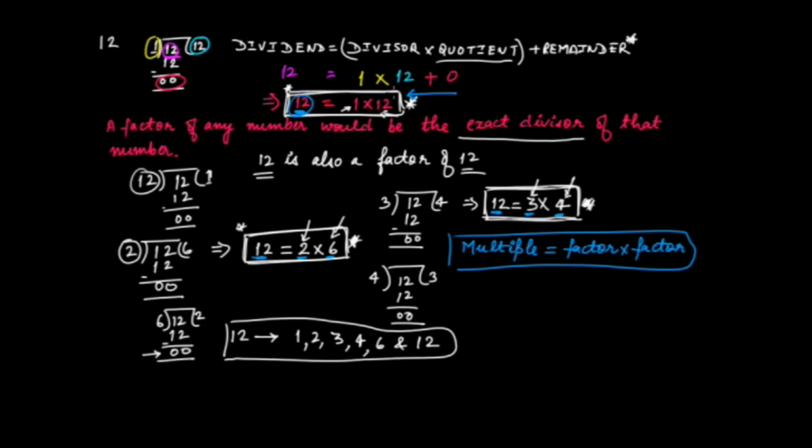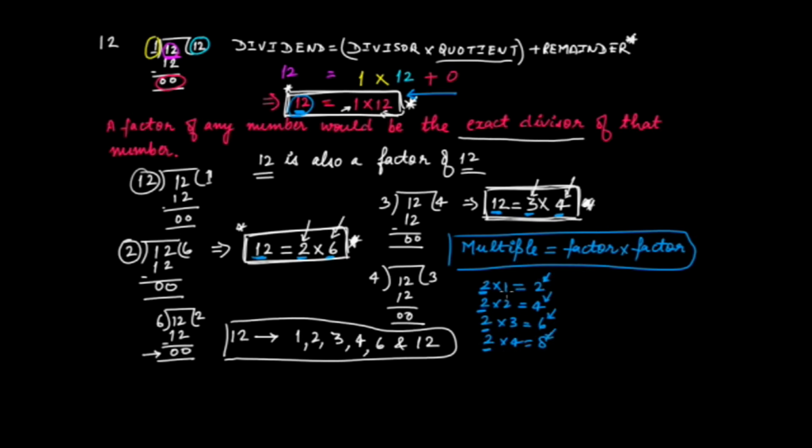It's simple, like when you write it like 2 times 1 is 2, 2 times 2 is 4, 2 times 3 is 6, 2 times 4 is 8. Therefore you say that 2 is a multiple of 2, 4 is a multiple of 2, 6 is a multiple of 2, 8 is a multiple of 2, right?